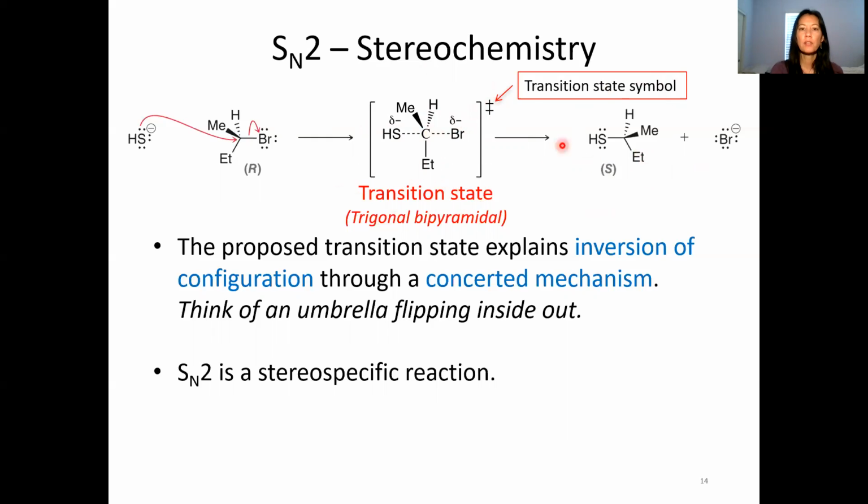So overall, this transition state explains this inversion of configuration because everything is still connected and it's concerted, meaning you don't have a free carbocation and the nucleophile can't attack with equal probability from the front or the back. So this is a stereospecific reaction because of this backside attack and this concerted mechanism.